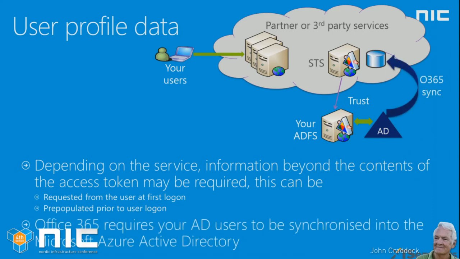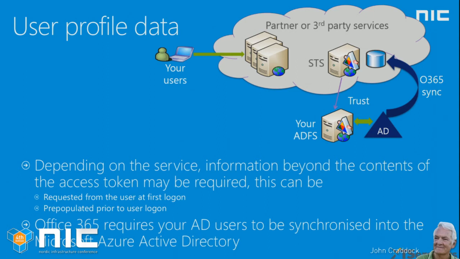And then if you're using Office 365, one of the ways of working with Office 365 is to use the Office 365 directory in the cloud, all right? And your users log in and authenticate against that directory. But Microsoft need to know about your users. So what can happen is you can synchronize into the directory.